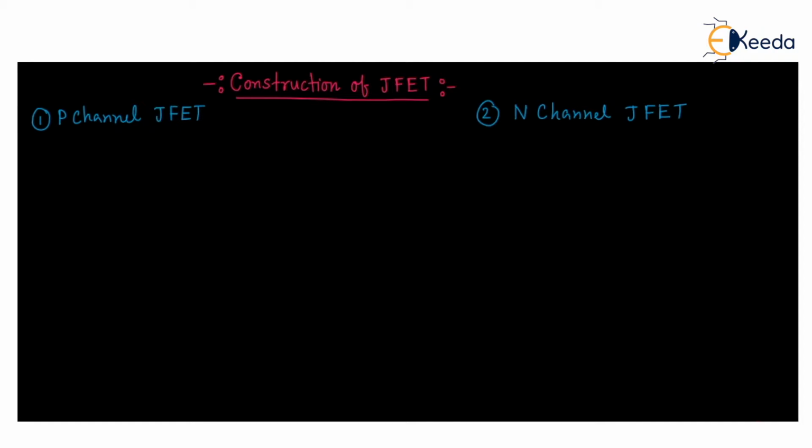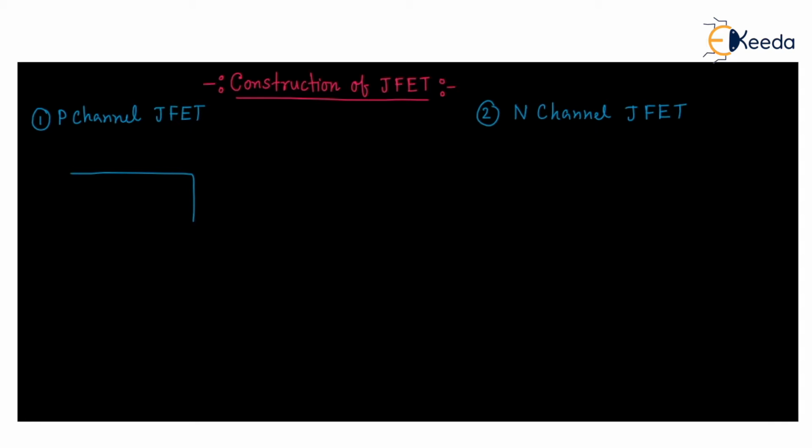We draw the construction of the JFET as a simple block diagram. Let us first draw the cross-sectional view of the JFET. In this cross-sectional view for the P-channel JFET, it will look like this.